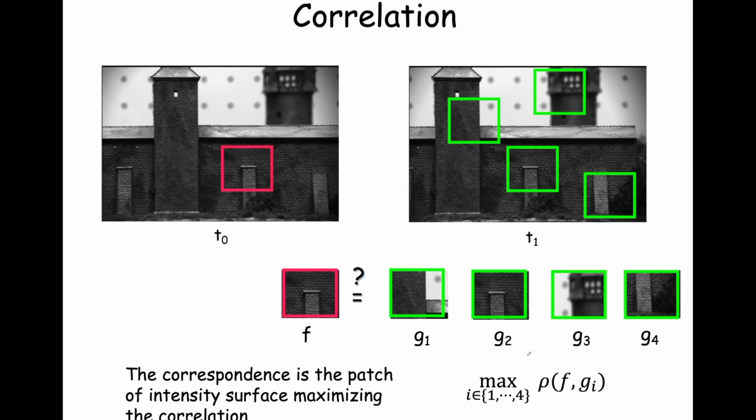We're going to run this correlation between our pink cropped region, we call that our query, and each of these target proposed regions, G1, G2, G3, and G4. And of course, the correspondence is the G_i, that patch in the target at time t1, that maximizes the correlation.